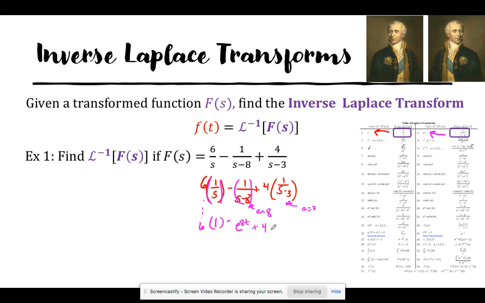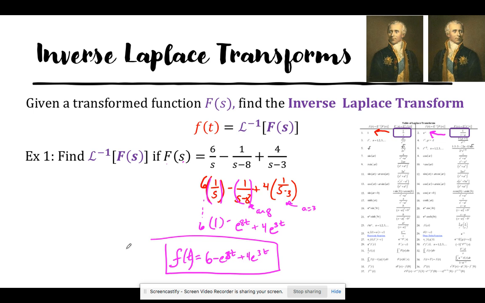Four times this is now not equal to F of s. What is it equal to? Little f of t, going backwards.